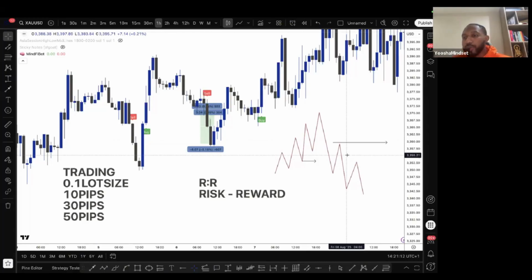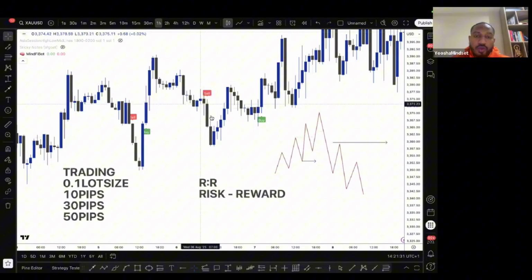So how can you incorporate this structure into the stop loss? We know that risk to reward ratio can be done. If you want to use structure here, you have to put your stop loss above this sell, because that is the last lower high.